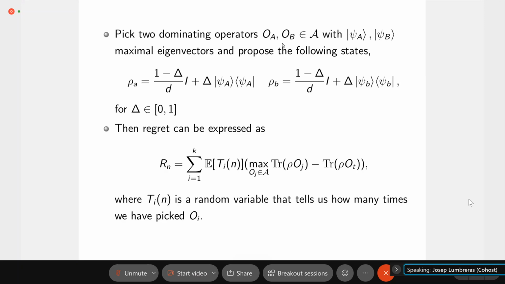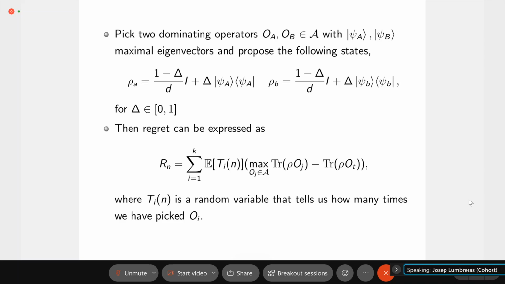So we choose their maximal eigenvectors, and we propose quantum states that are just a mixture of the identity operator plus some perturbation along these maximal eigenvectors, and this parameter will be fixed later. For the moment, it's between 0 and 1.